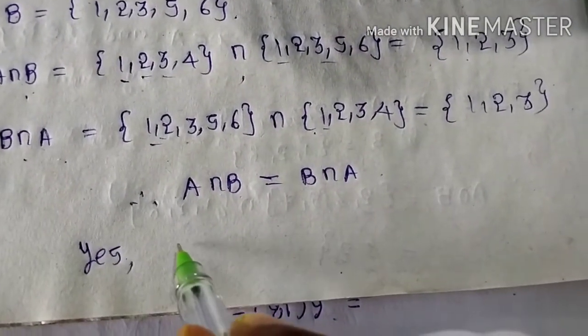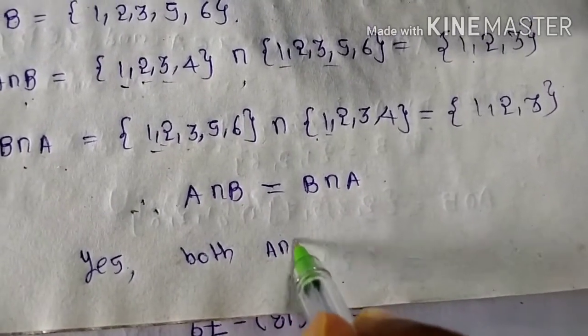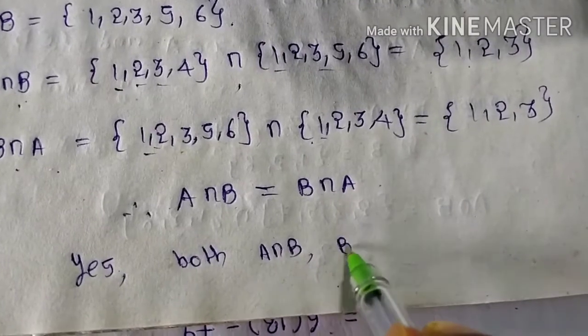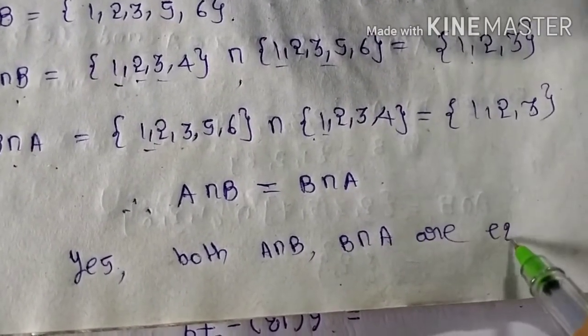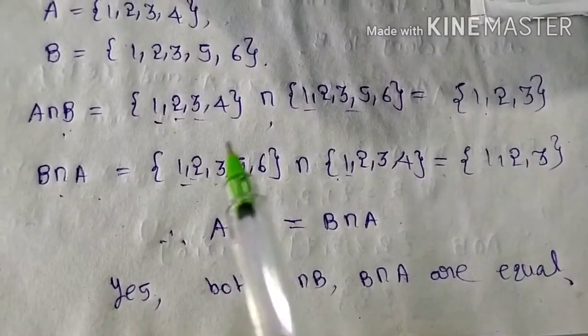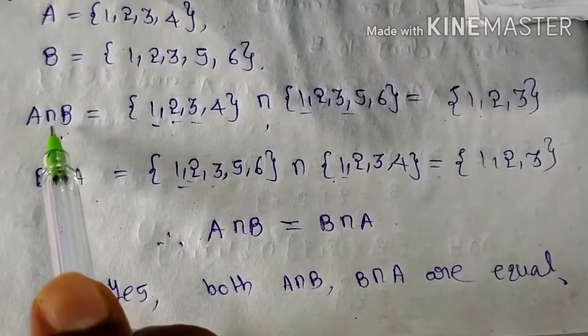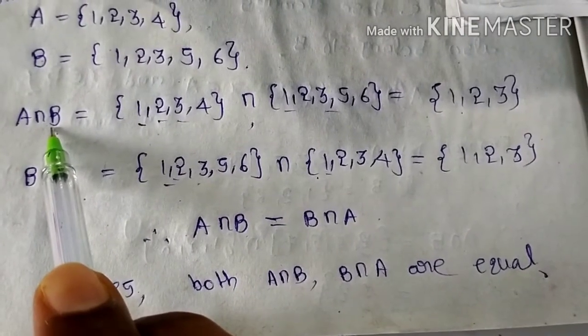Yes. Both A intersection B and B intersection A are equal. Is it okay? Just a very easy problem. Intersection means the elements which are common in both the sets.